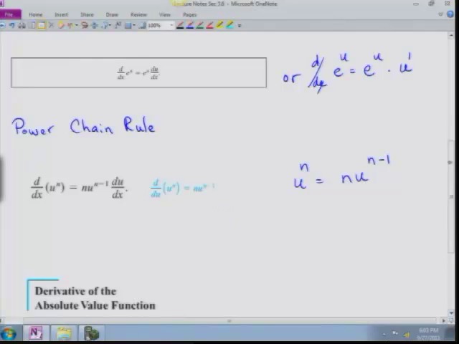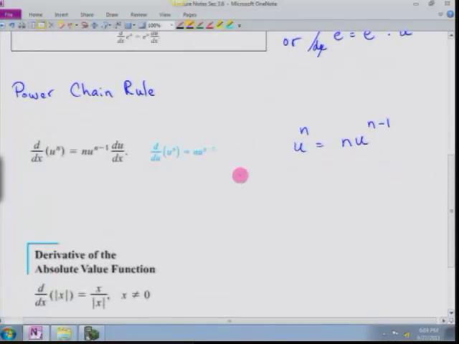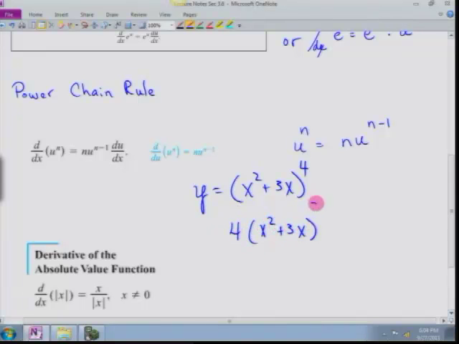Let me think of a better example. So if you had the derivative of x squared plus 3x to the fourth, so this is y, and you wanted to take the derivative of it, what would we do? We'd bring the 4 to the front, so we have 4 times that to the third times the derivative of this inside, which would be what? 2x. Okay. Now, you can't multiply 2x plus 3 times this, because this is to the third power.